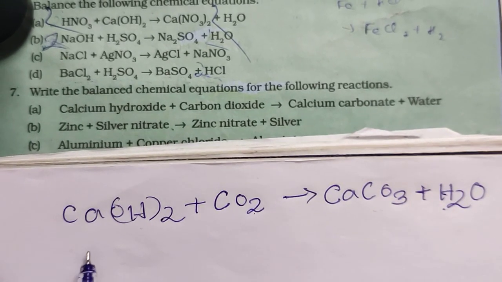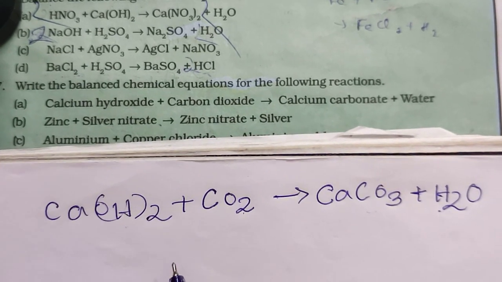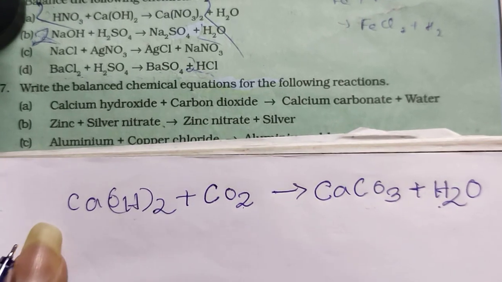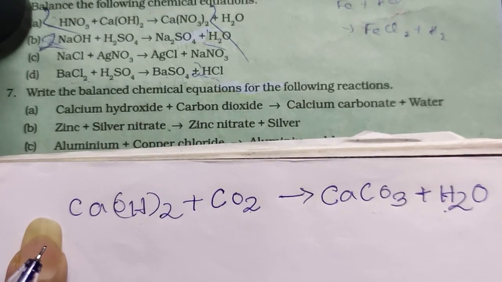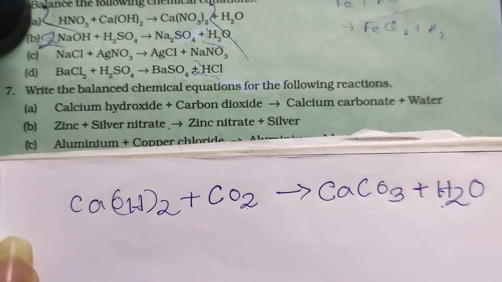So you see this equation is already balanced. Whenever there is a balanced chemical equation, you should not put any digits on either side, otherwise your chemical reaction will be incorrect.